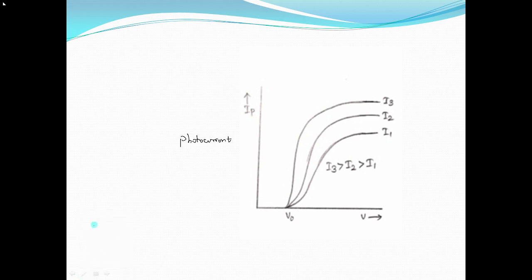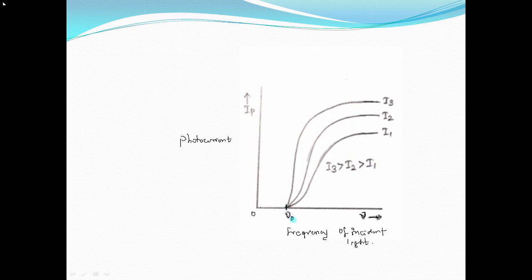Here this is the frequency of incident light. This is the graph between photocurrent and frequency of incident light. Initially, up to threshold frequency nu naught, there is no current, because to get electrons emitted you should give sufficient energy, sufficient frequency.